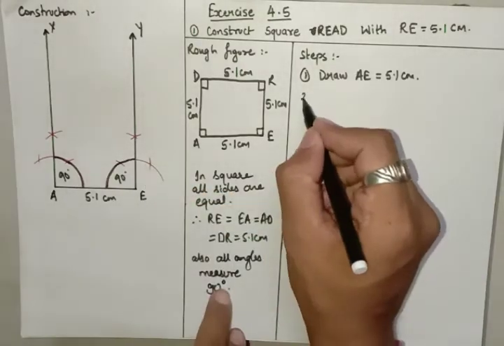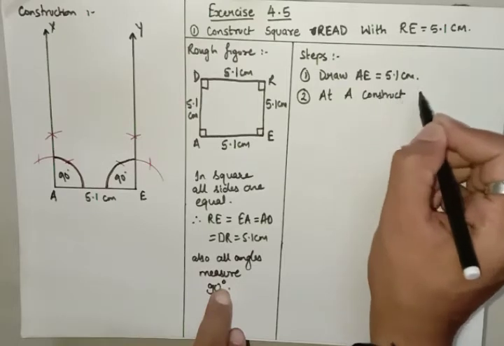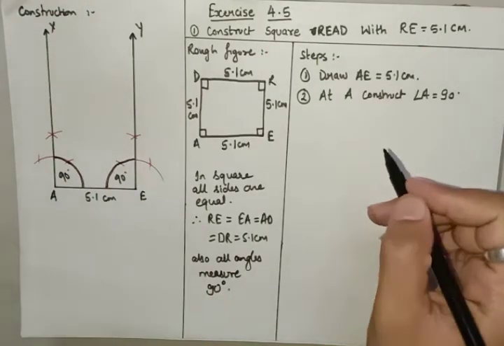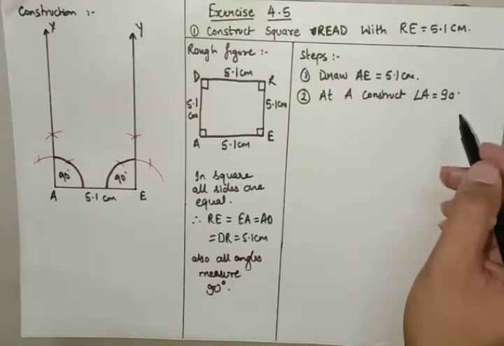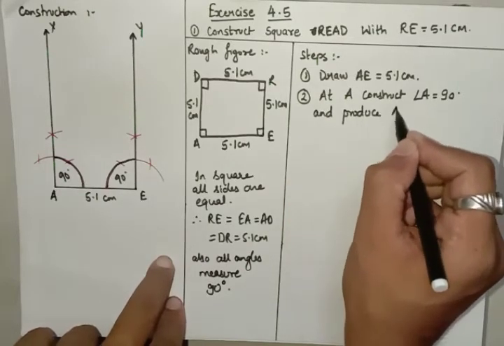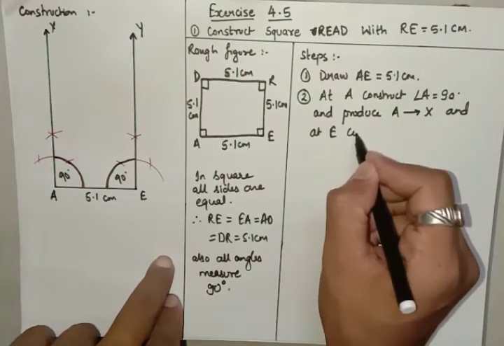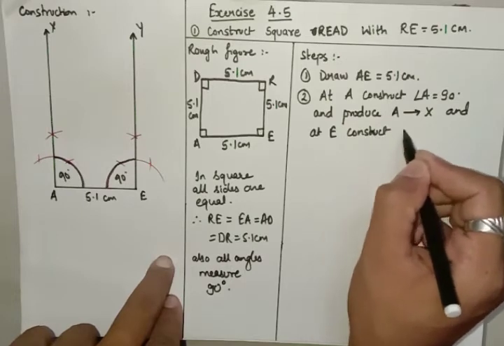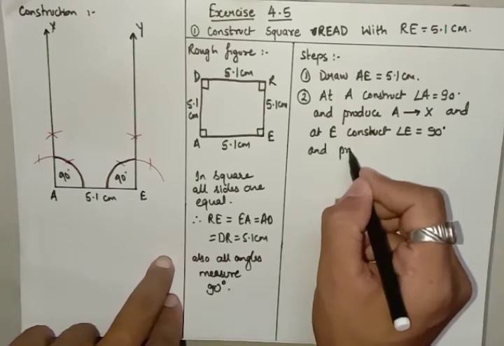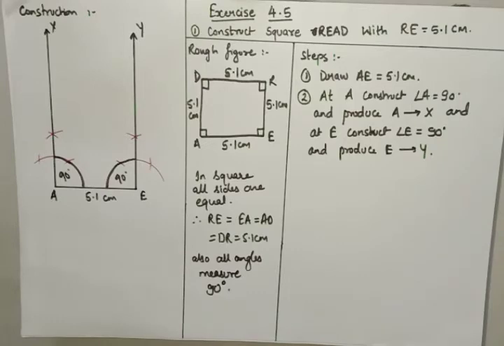So what I did: at A construct angle A equal to 90 degree and produce it to X, and at E construct angle E equal to 90 degree and produce it to Y. Okay.